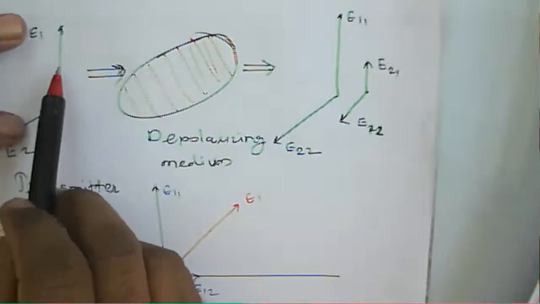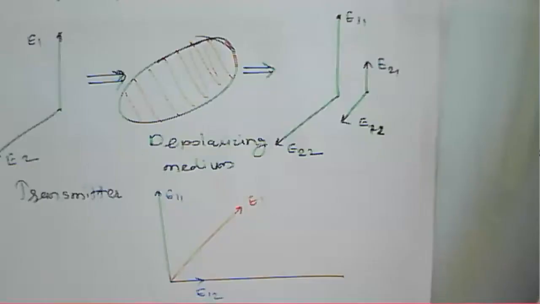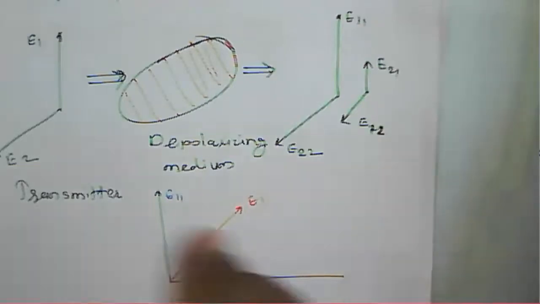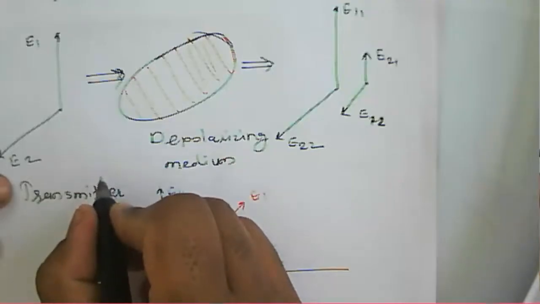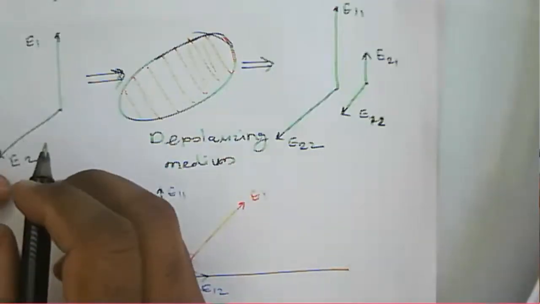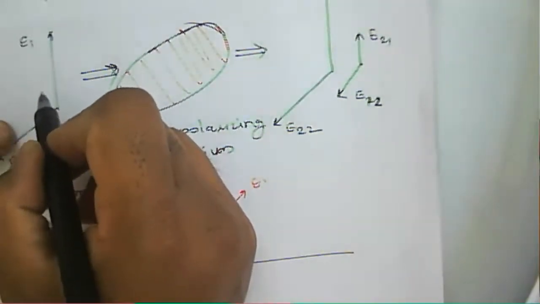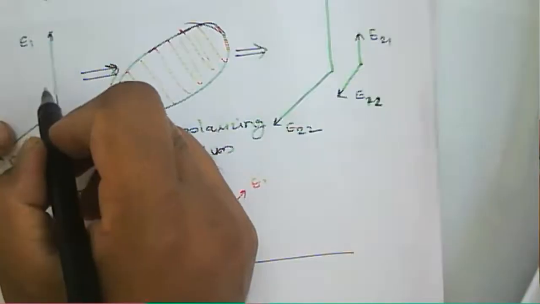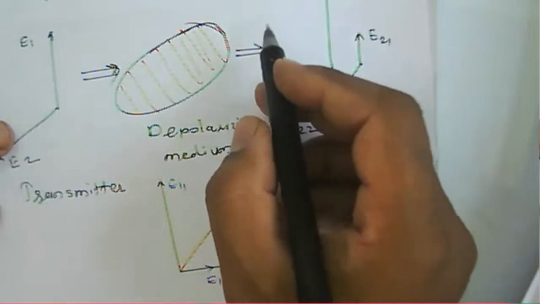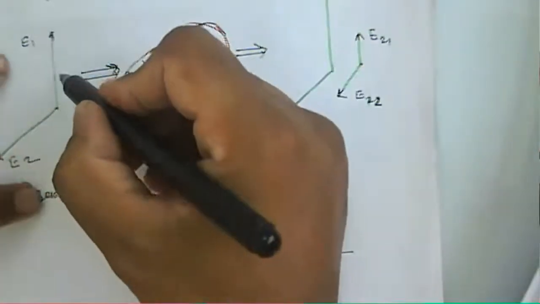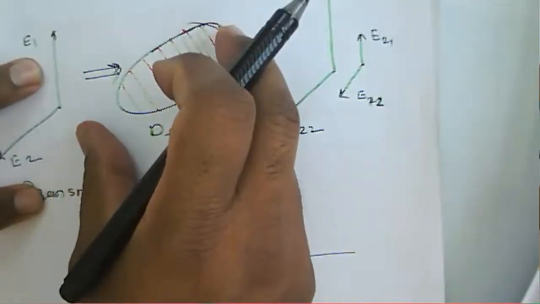We say we have E1, your vertical transmission takes place. Now we have the transmission of this particular E1 signal. The received signal will be depolarized because we are transmitting E1.